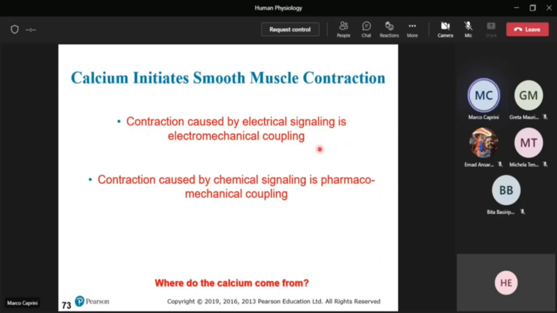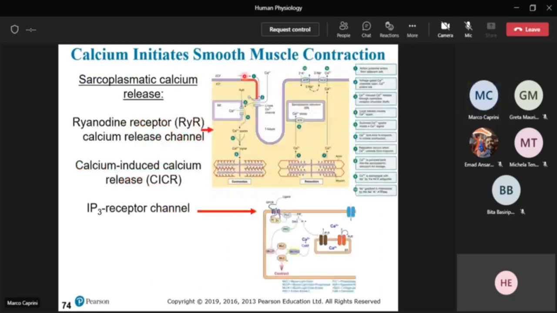Since calcium ions always initiate the smooth muscle contraction, think of a voltage-gated calcium channel that is present on top of the smooth muscle cell.